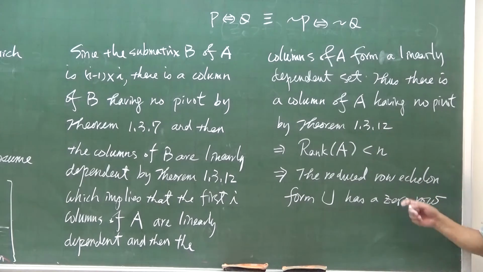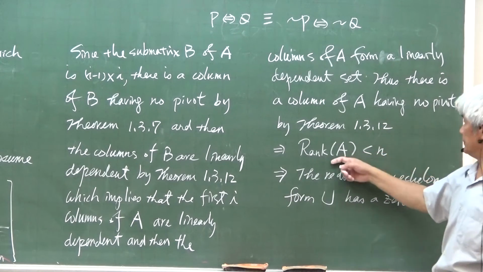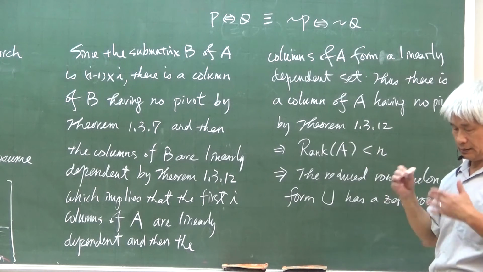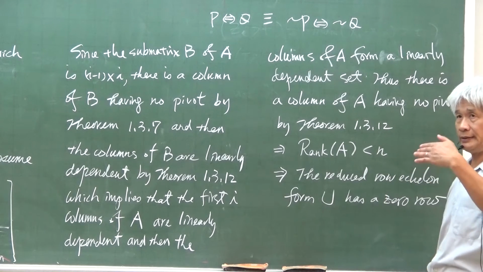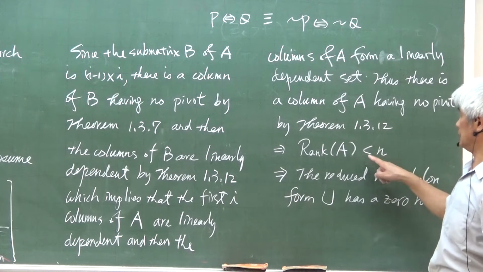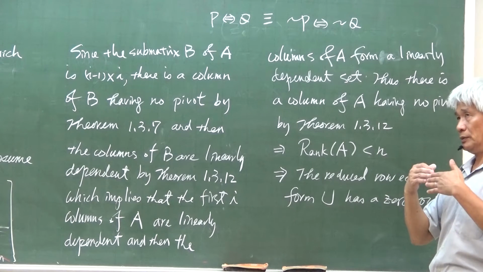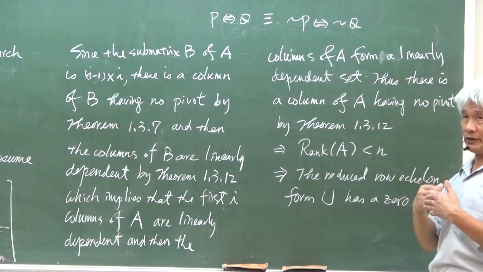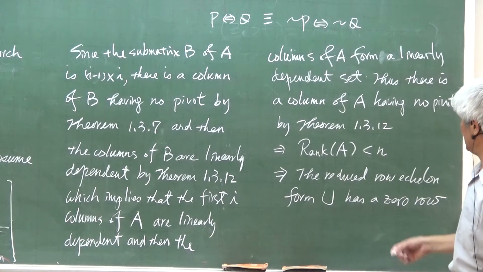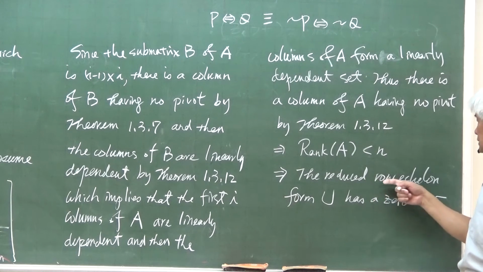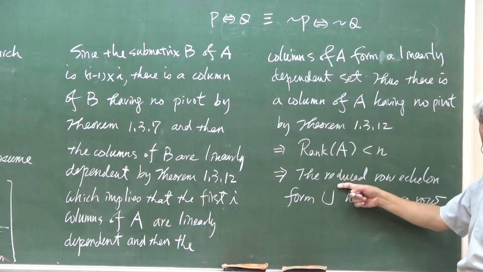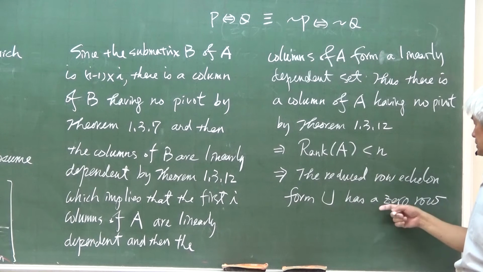Right. So if the rank is less than n, that means that one of the rows of A has no pivot. Okay. Then the reduced, actually any row echelon form, not necessarily reduced, but any row echelon form U has a zero row.